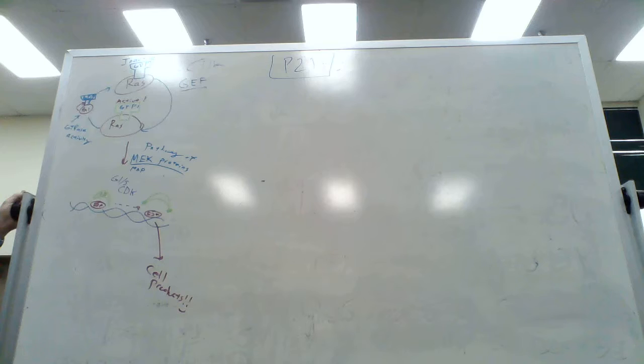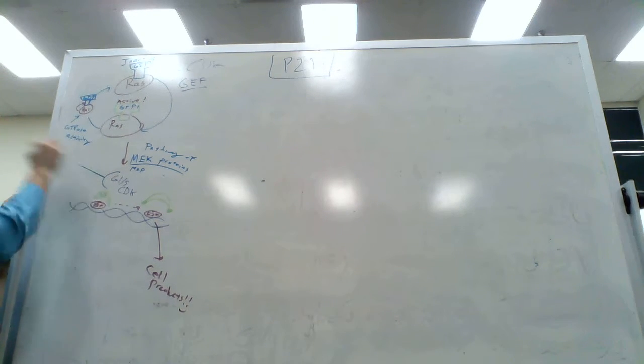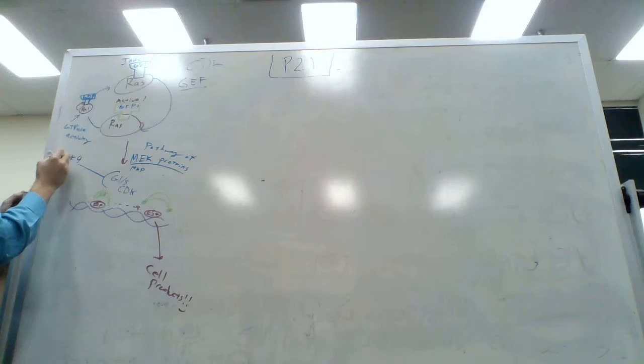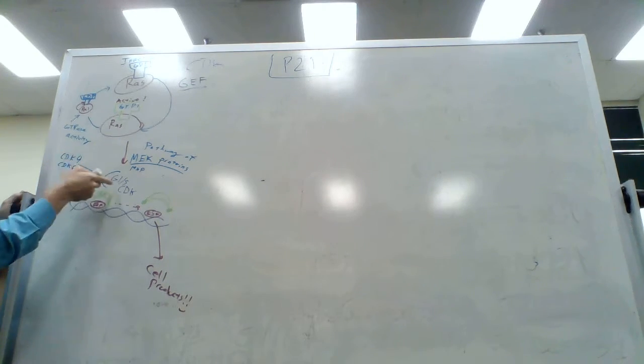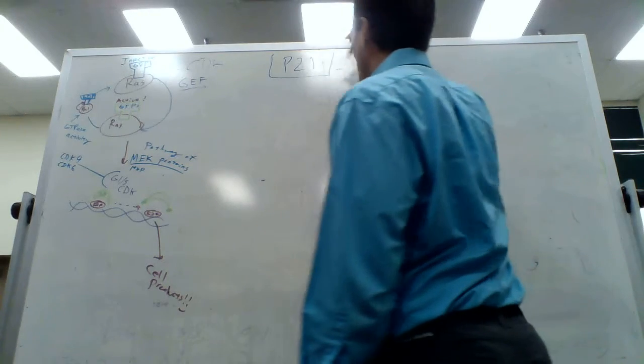Okay, thank you. Also in this, these guys have another name: CDK4 and CDK6 are both part of this. That's the name that you see on this slide with the P21 and P16.